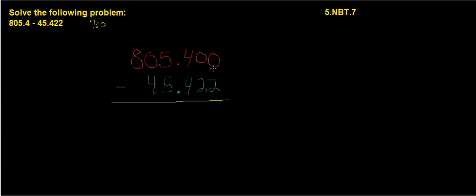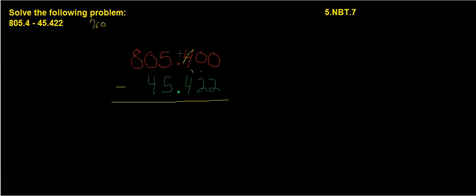0 from 2 we can't take away. 2 thousandths from 0 thousandths. So now we've got to borrow from the hundredths. Well, there's nothing in the hundredths to borrow from. So we're going to have to borrow from the tenths. Okay, so we're going to take 1/10.